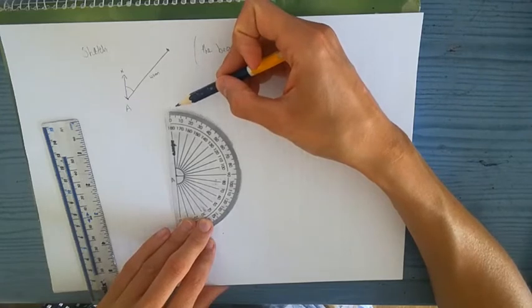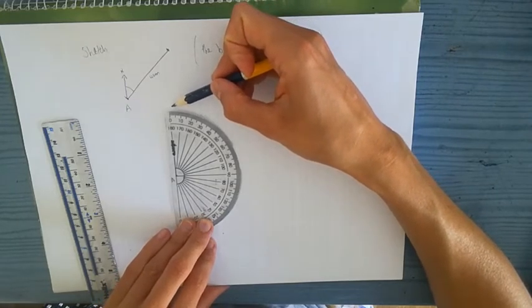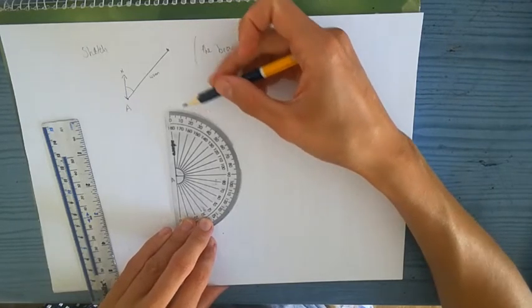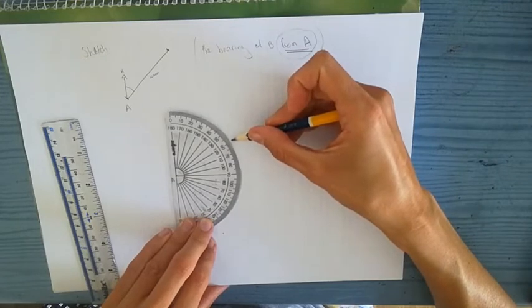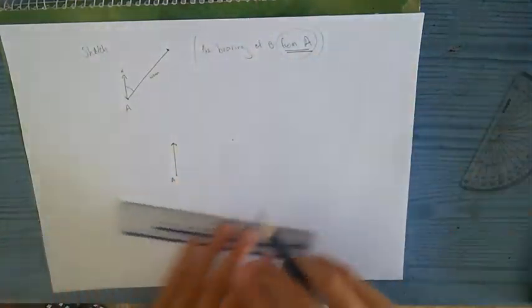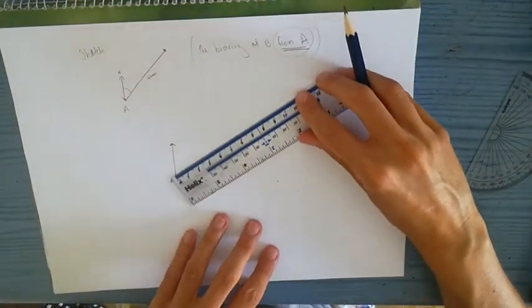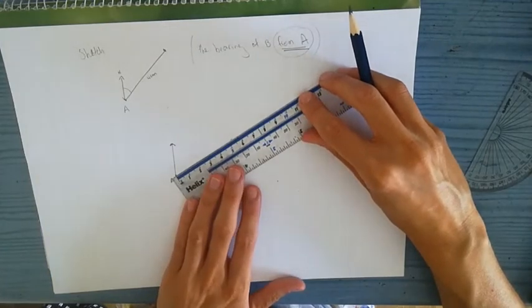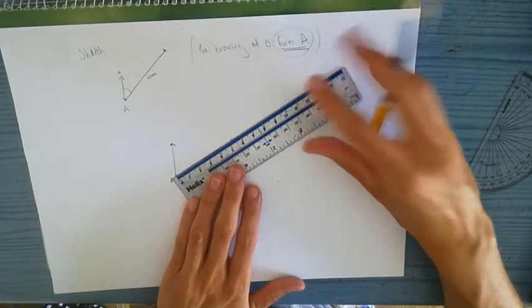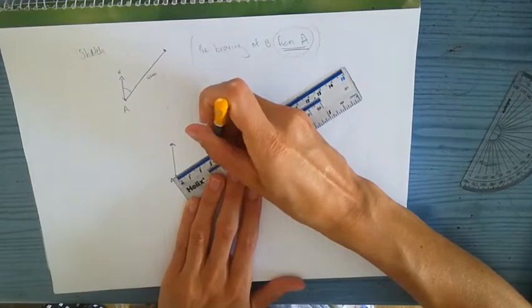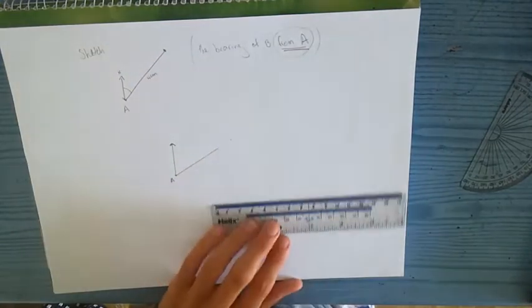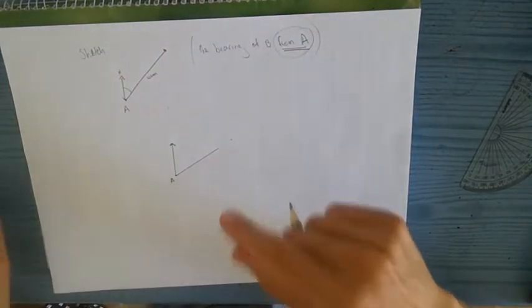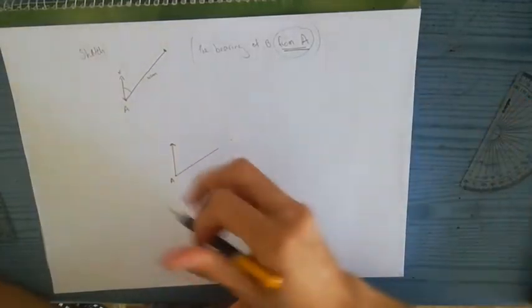And I have to move in a clockwise direction. What angle? 60 degrees. So I mark my 60 and I place my ruler in line with these 2 points. And I just have to draw a 4 centimeter line. Why? Because it's telling me that B is only 4 centimeters away.